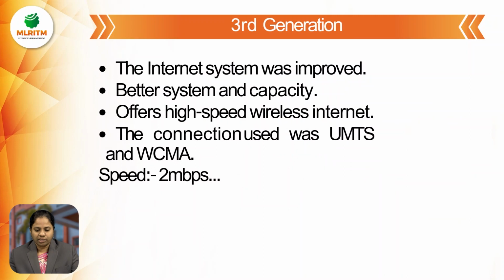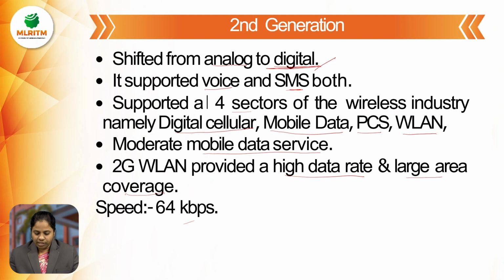Now coming to third generation. In third generation, the existing 2G was improved. The internet system was improved, and better system and capacity was given. It offered high speed wireless internet, whereas in second generation we could see only 64 kbps speed.